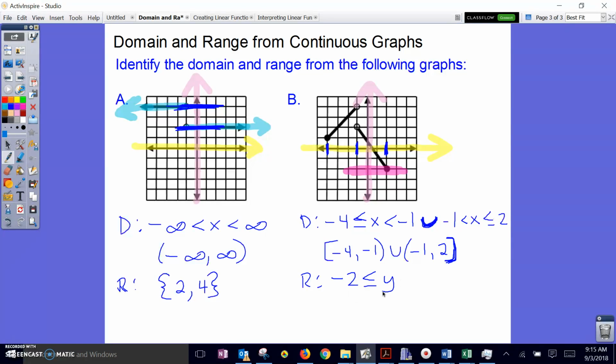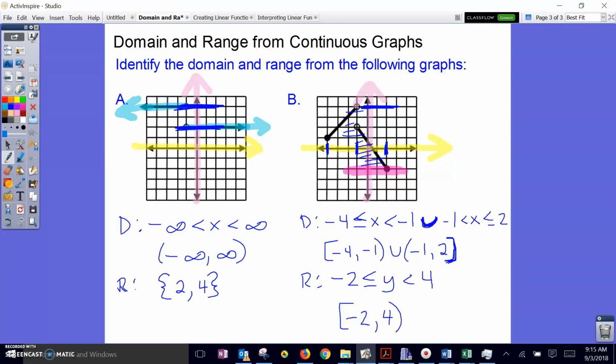And then we have points on the graph for all these y values, still points on the graph, all the way up here to 4, where there's an open circle. So 4 is a boundary, but it's not included, so we use a less than sign. Now writing it as an interval, bracket, -2, 4, parenthesis.